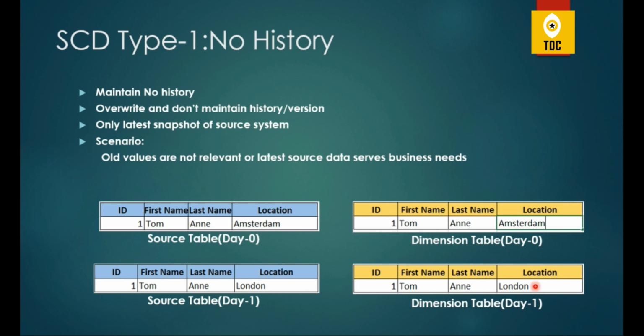In that case they can use SCD type 1, which is again not so frequently used, and it is not a good practice because you lose history and there is no audit or history maintained anywhere. That is why it is called SCD type 1, no history. You're just updating the data, but there is no history.